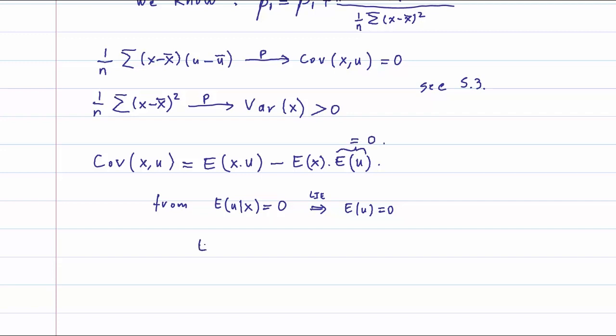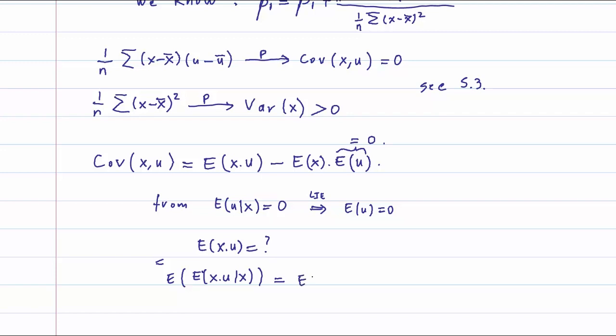And the expectation of x times u, well, what is this? Let me take the expectation of x times u conditional on x and take the expectation of this. By the law of iterated expectation, this double expectation is equal to the top part. Now I can take the x out of the expectation here because it's conditioned on x.